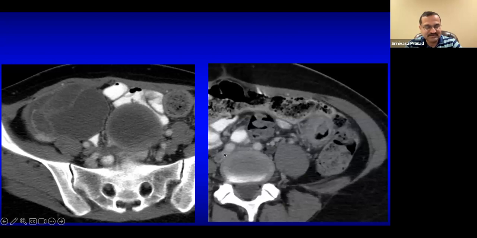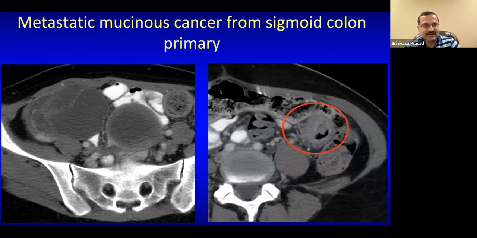So the caveat is that whenever we see complex adnexal masses and we assume that it is ovarian in origin, we should carefully look at the gastrointestinal tract to assess for cancers. And most mucinous cancers of the ovaries are metastatic in origin. And the primary mucinous cancers are quite rare.